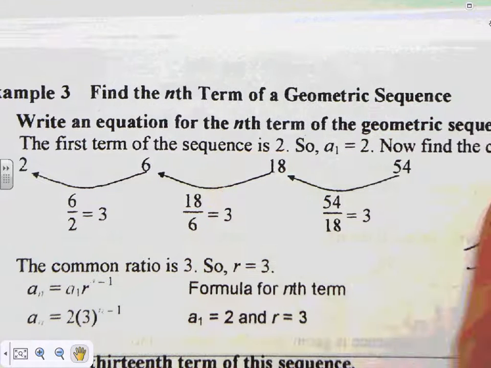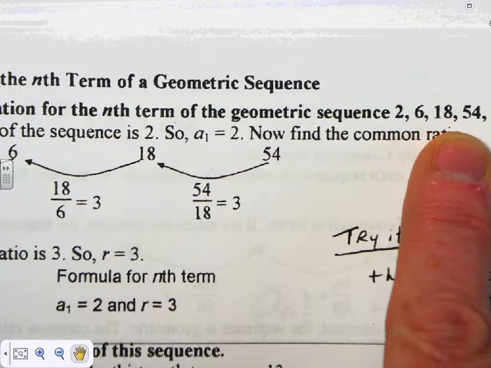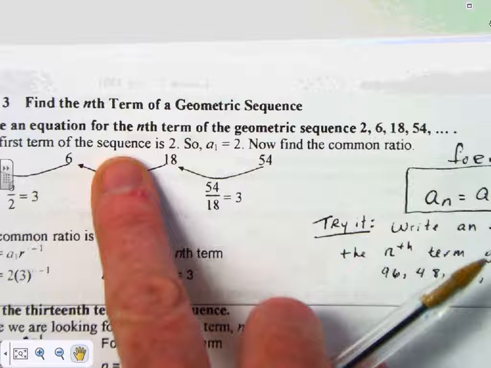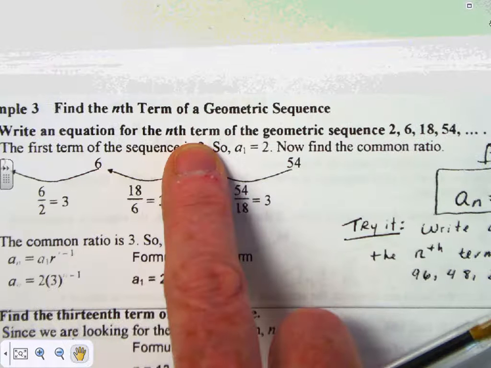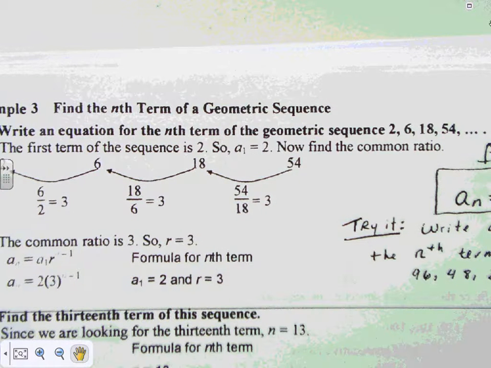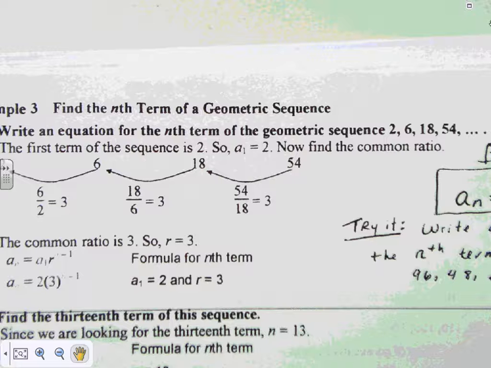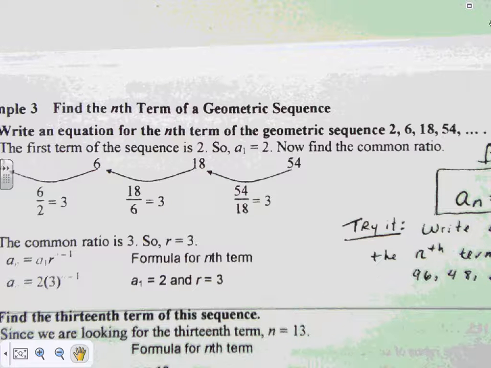So if I have this pattern of numbers right here, 2, 6, 18, 54, and they want me to write the equation for the nth term, that means I need the equation that still has an n in it, so that someone else can come along and say, hey, find me the 300th term, and you can plunk a 300 in. So let's see if we can build the nth equation.